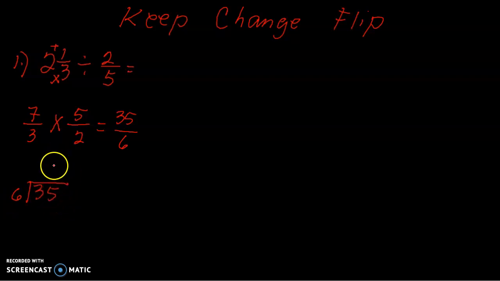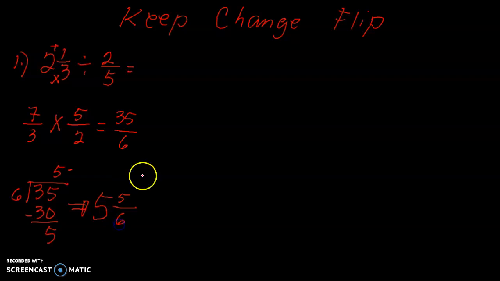35 divided by 6, we have here 5. Right? 5 times 6 equals 30. And then 35 minus 30 equals 5. So our answer here, the quotient is 5. And then our remainder, which is 5 also here, is our numerator. And then our divisor, 6, would become our denominator.